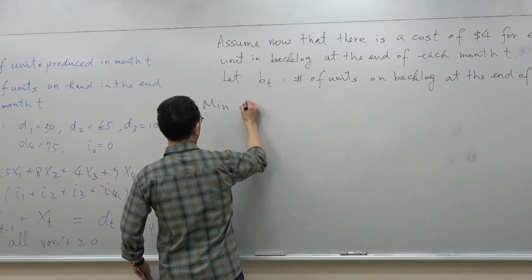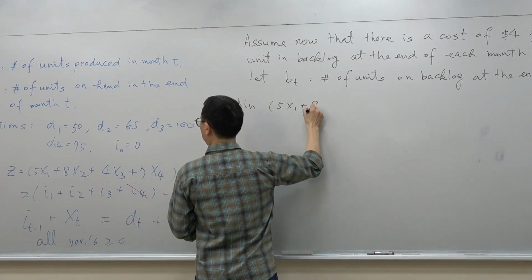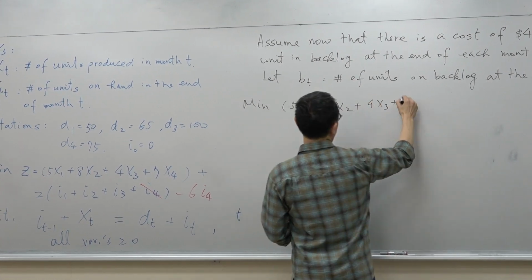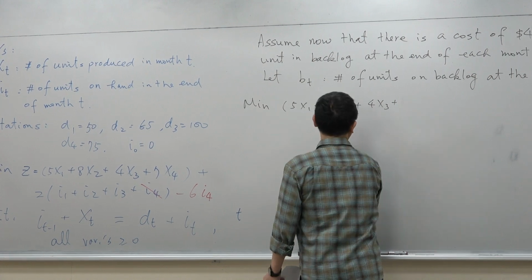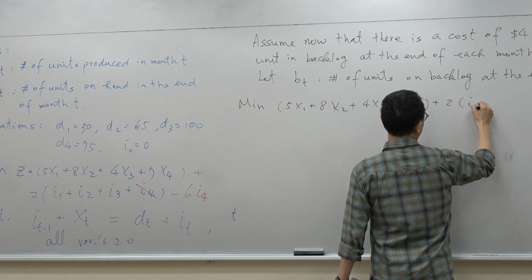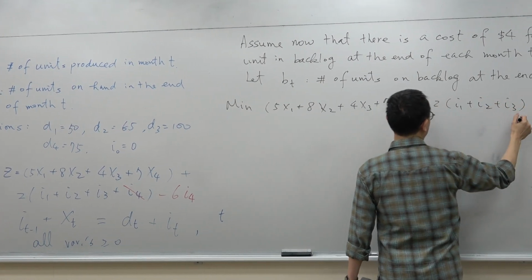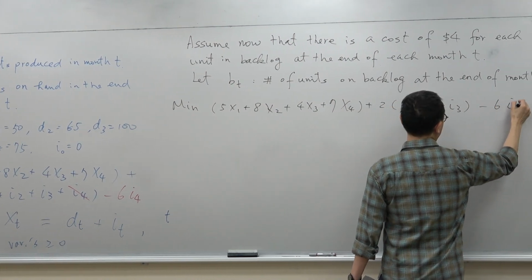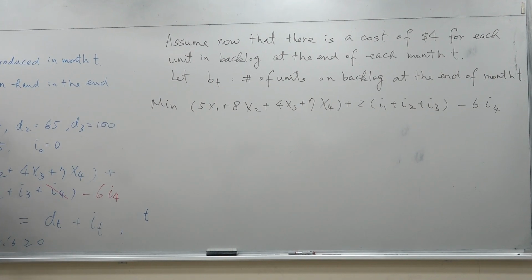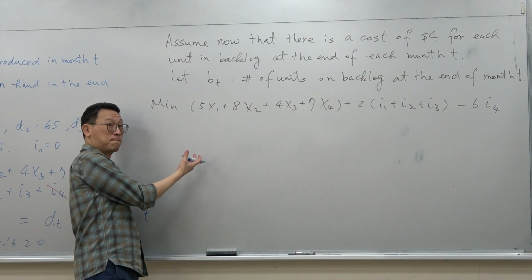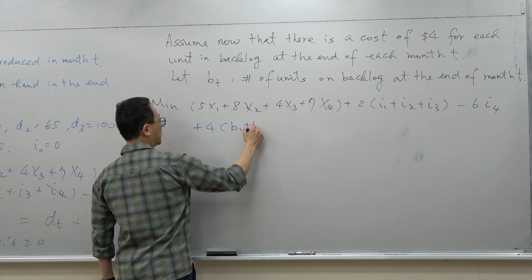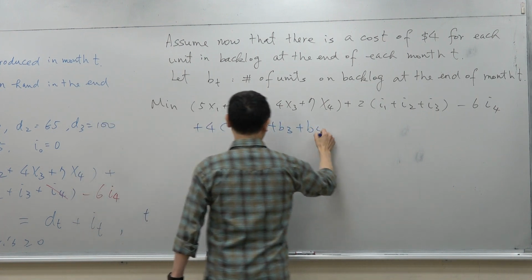The previous production and inventory cost remain the same, plus a cost for B1, B2, B3, and B4.